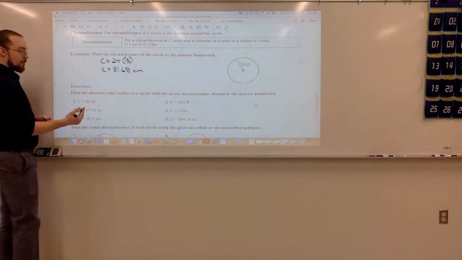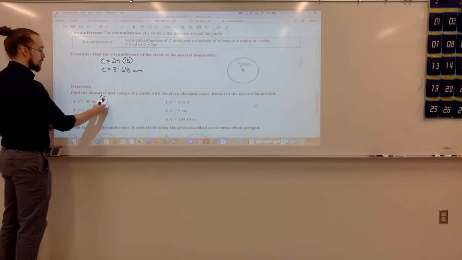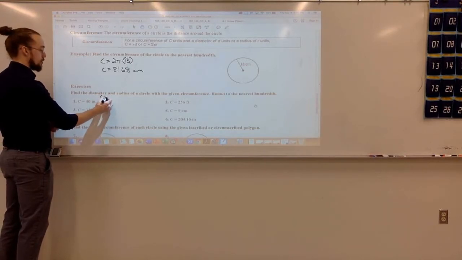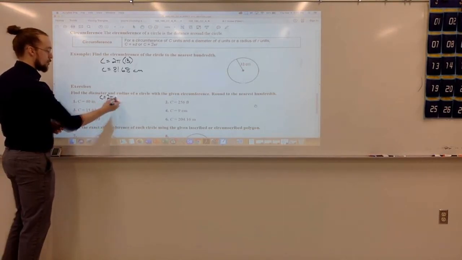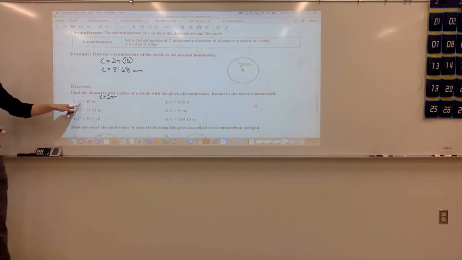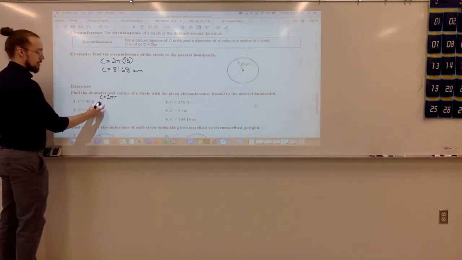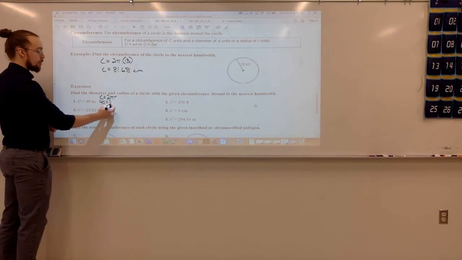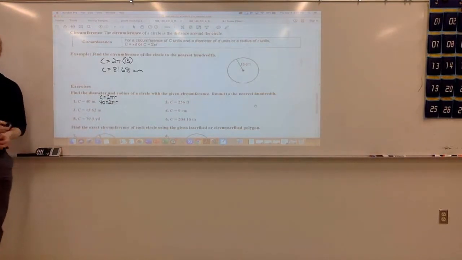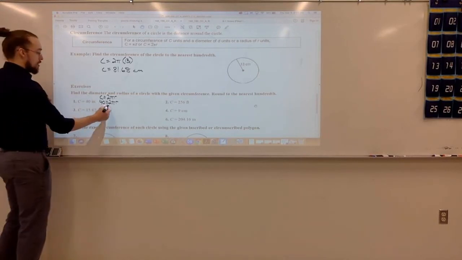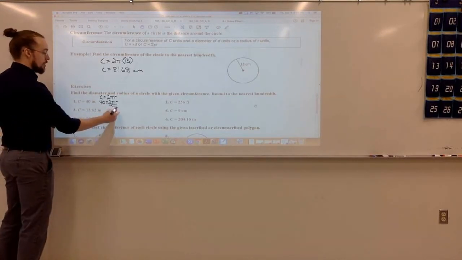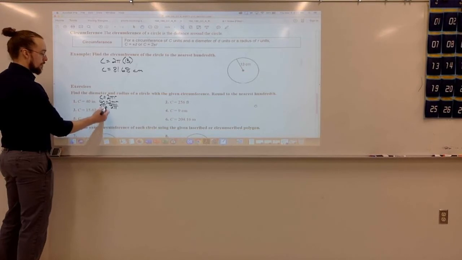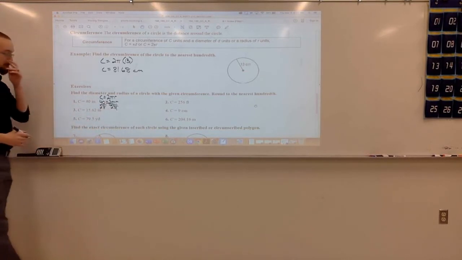For this first example, if I first want to do the radius, circumference is 2 pi r. So if I know the circumference is 40, I can say 40 equals 2 pi r. To get r by itself, I would have to divide by 2 pi. So over here, the 2 pi would cancel out.